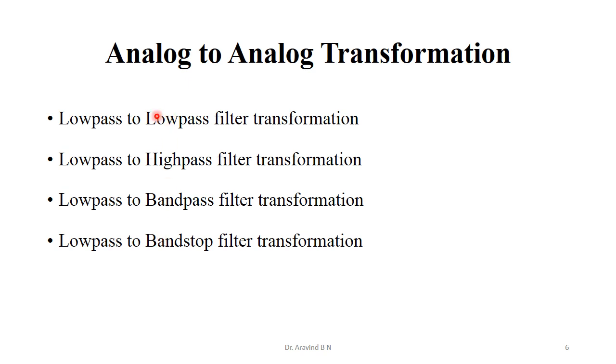There are four types we are going to discuss: low pass to low pass filter transformation, low pass to high pass filter transformation, low pass to band pass filter transformation, and finally low pass to band stop filter transformation. So let us take one after another.